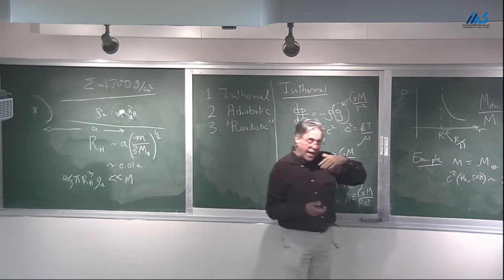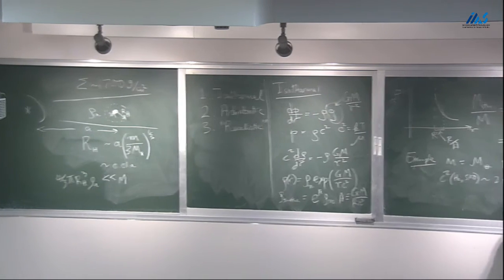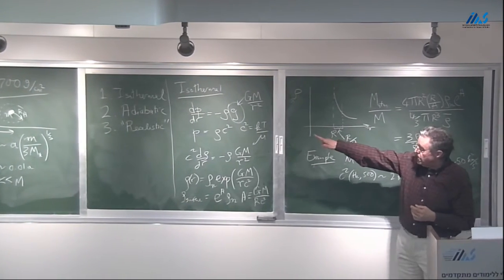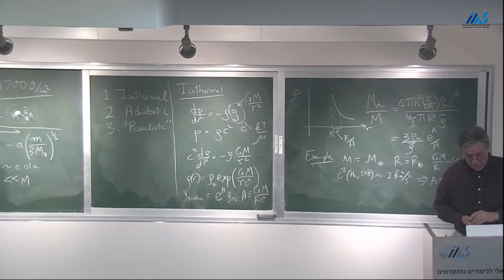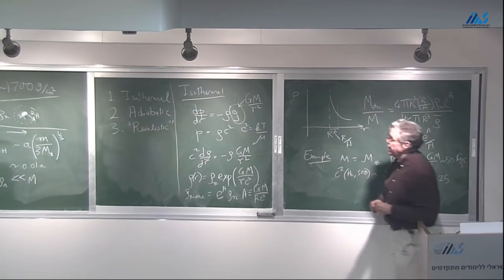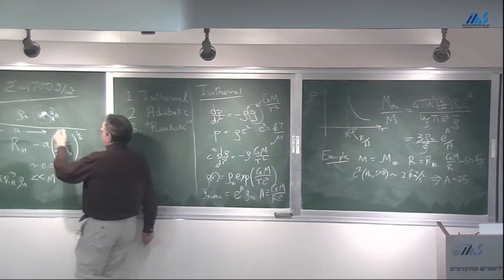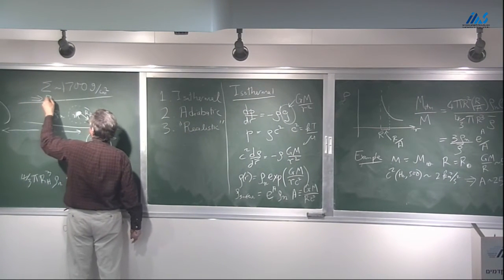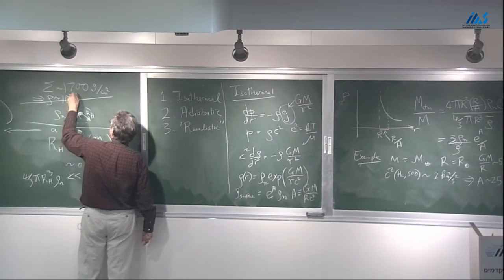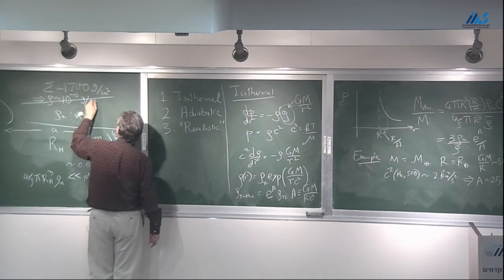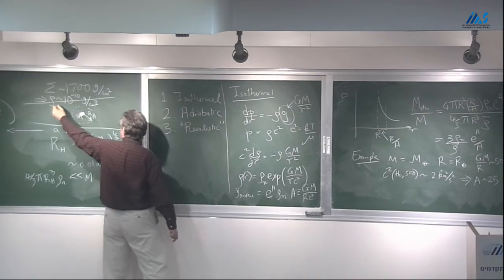This is going to be spread out over twice the scale height of the disk, so in order to convert this into a density, you divide by twice the scale height, and that will give you at 1 AU a density of about 10 to the minus 10 grams per centimeter cubed. So that's going to be our nebula density.